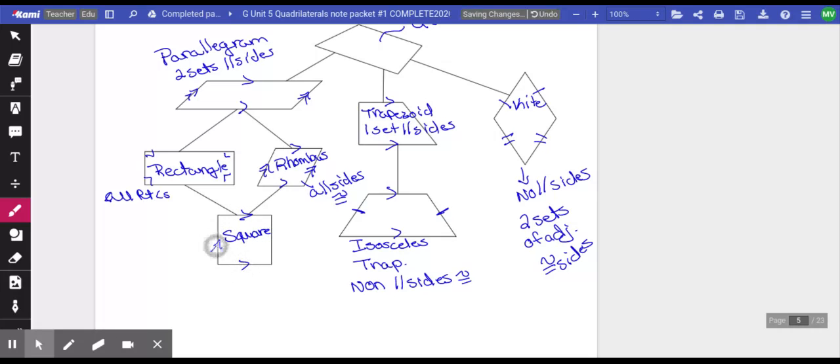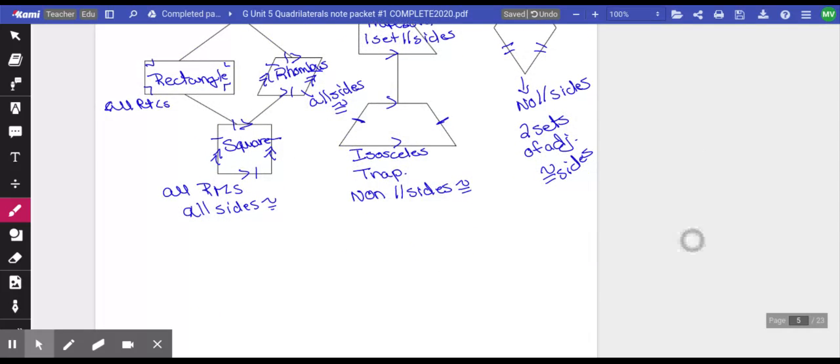Opposite sides are parallel, but it is a rectangle and a rhombus because it has all right angles and all sides congruent. So those are our quadrilaterals.